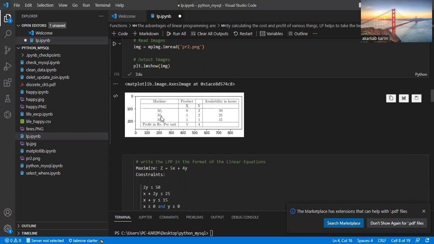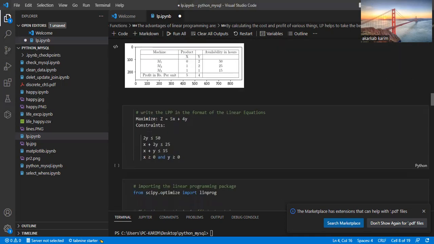And for M2, we need 1 hour to manufacture X and 2 hours for Y. And for M3, we need 1 hour for X and 1 hour for Y with this constraint. And the profit in rupees per unit is 5 for X and 4 for Y.